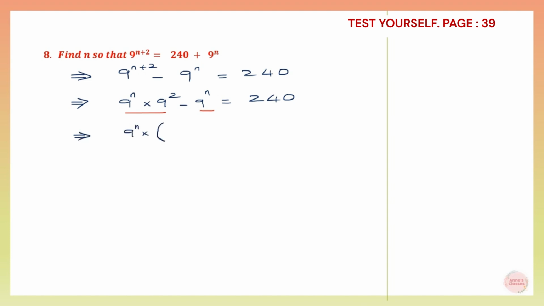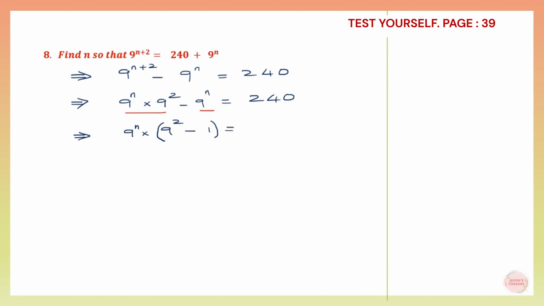So here I have 9 raised to the power of 2, which I'm going to write here. And here I already have 9 raised to the power of n, which is there outside. So instead of writing this again, I'm going to simply write 1. Why? Because 9 raised to the power of n into 1 is 9 raised to the power of n. So that is 1.